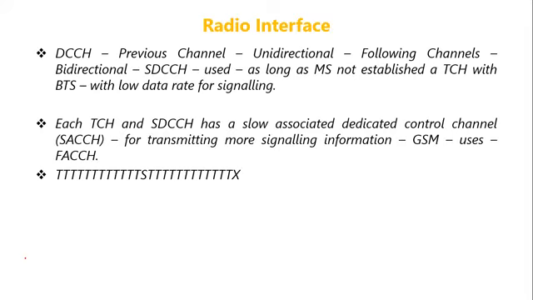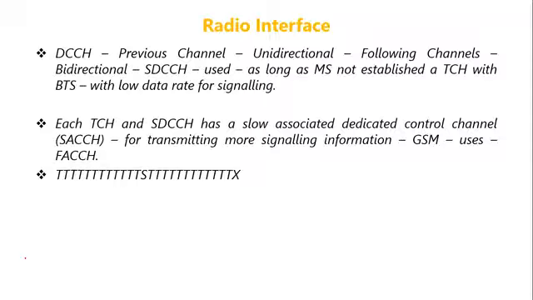If the connection fails, the BTS will use the access grant channel, AGCH, to signal the MS to use the TCH or SDCCH for further connection setup.